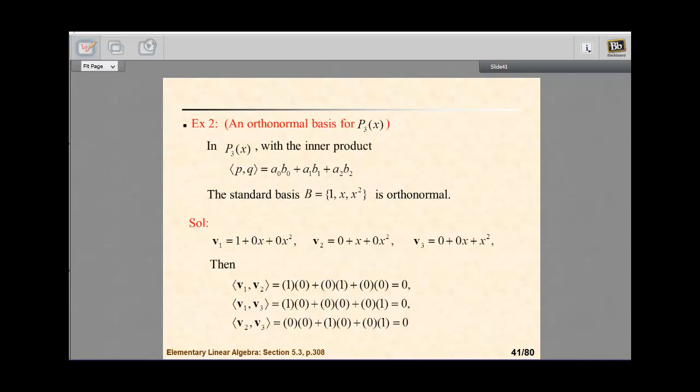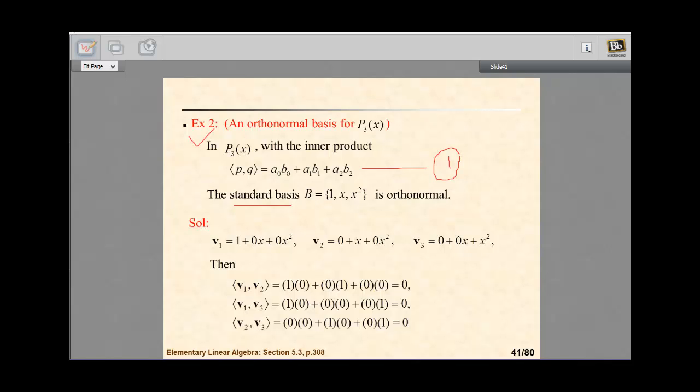Similarly, one more example. Within P3, an inner product space, with the standard basis 1, x, x square, is orthonormal.